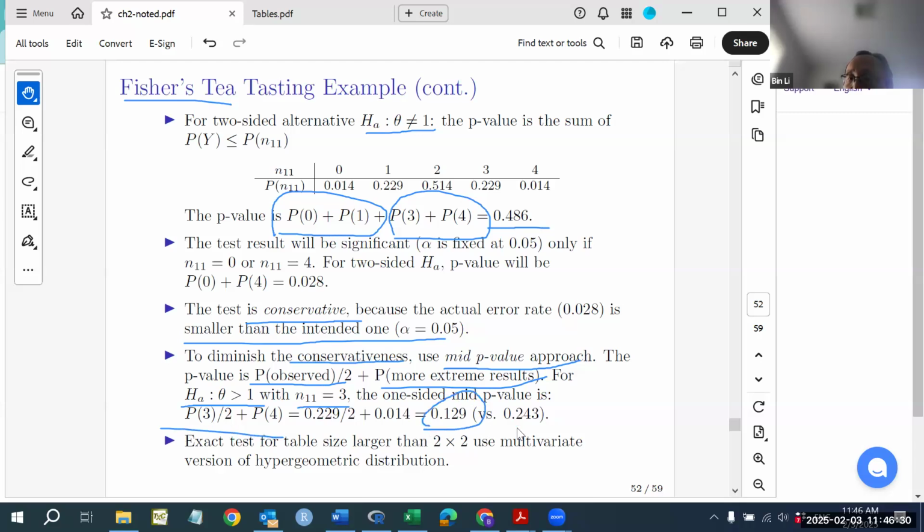Still not significant, but different from 0.243.